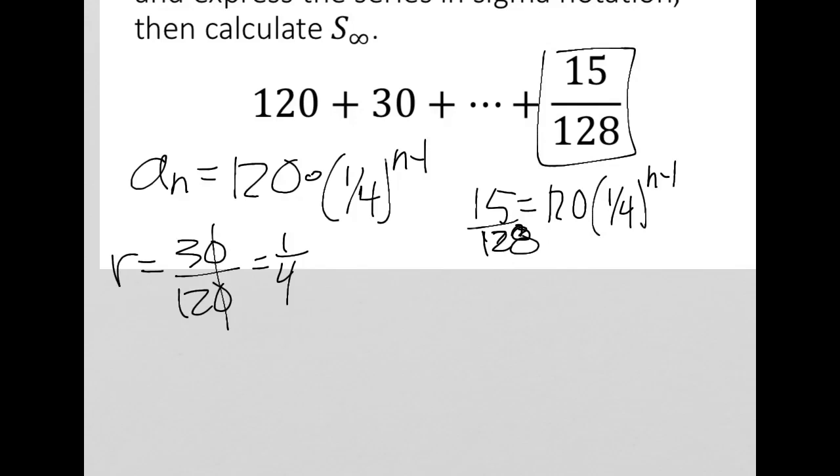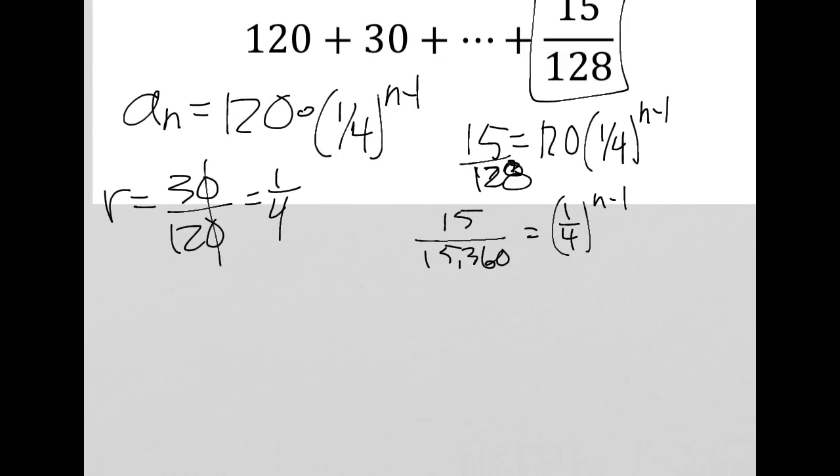And now I'm going to divide by 120, which will make the left side of my equal sign 15 divided by 15,360. That equals 1/4 to the power of n minus 1.